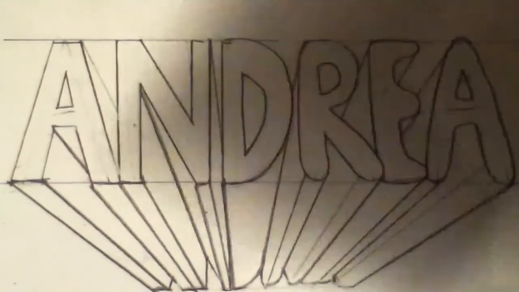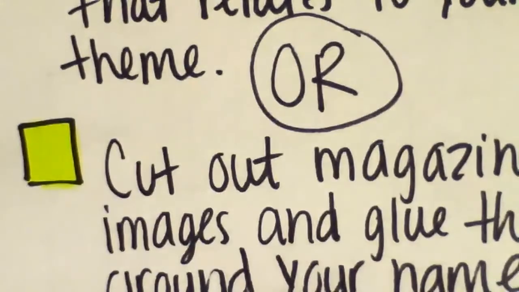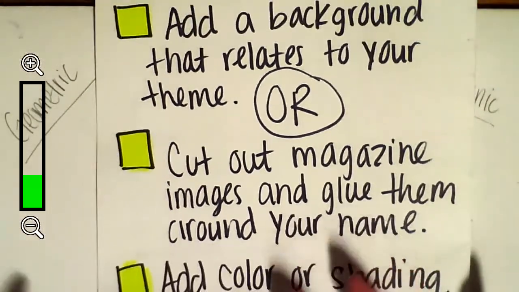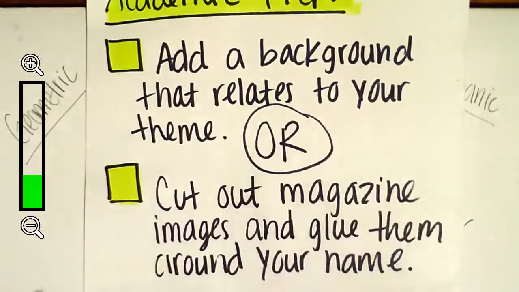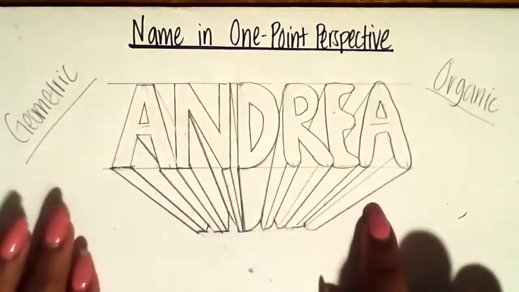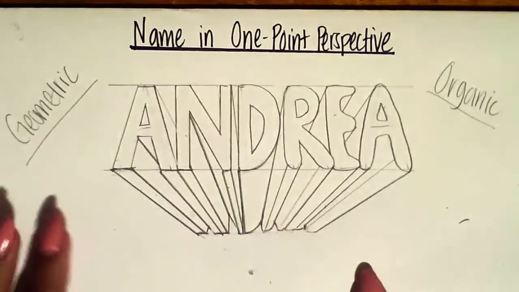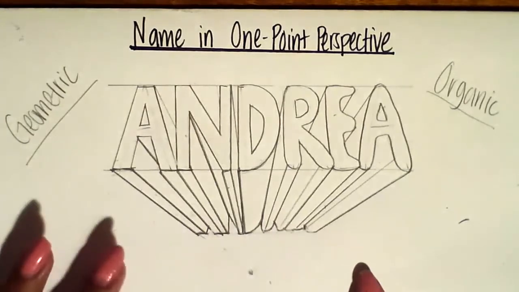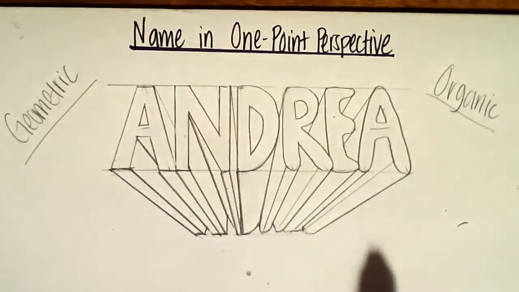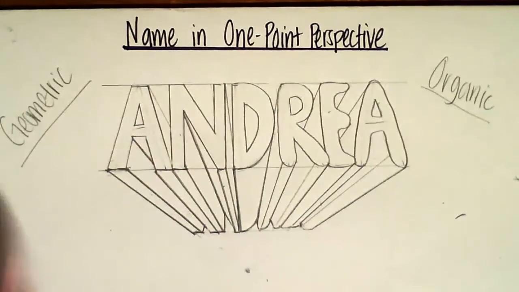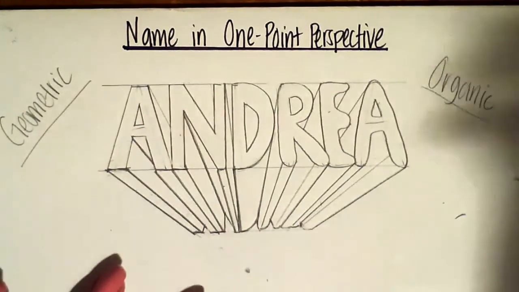Now, for your academic prep, the only thing that you have to do is the following. You have to add a background that relates to your theme. So if you want to go ahead and draw like anime characters, because maybe animation is your theme, you can go ahead and do that. If you want to maybe draw, like for example, my theme is plants.